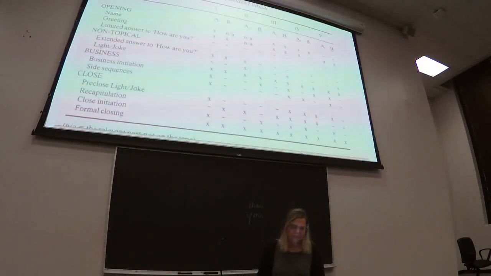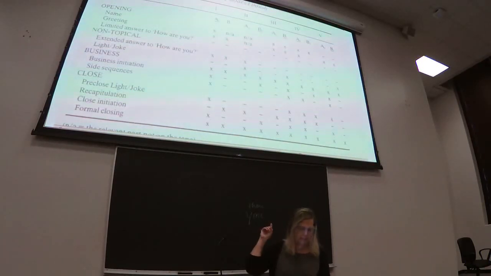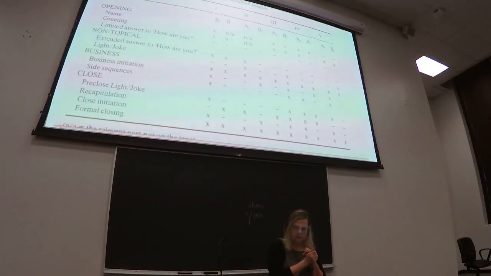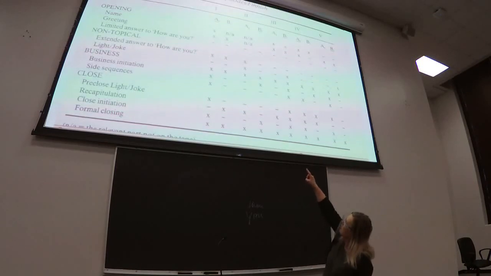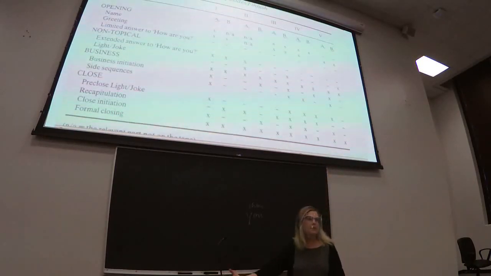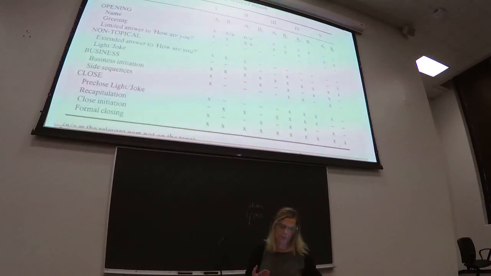So what I found is these data come only from 5 different conversations. They're listed up there. In the Finnish conversation you have the opening, you have the close, and then you have the business. If you look at the business, there is an X under every single conversation. In a business telephone conversation, that's an obligatory part. But then, of course, the opening is also an obligatory part.